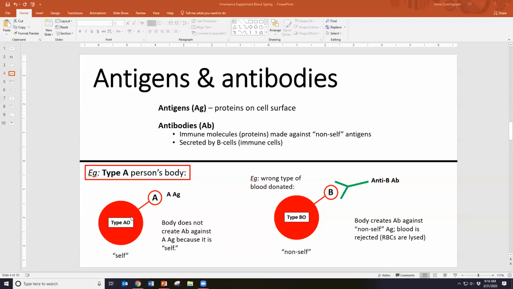On this A cell I have an antigen right here, and then I have just the A antigen. So AO means that only the dominant allele is expressed, so we have A. That would be type A blood. And we have that protein sticking off, and that protein is the A antigen.